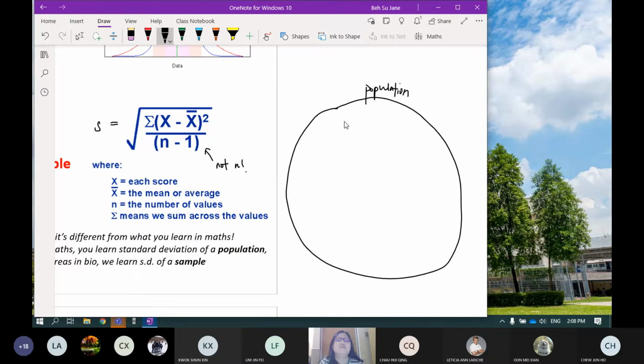Now, in bio, when we do experiments, we can't capture all the mice in the entire neighborhood. How would you know when you capture the last mouse, whether it's really the last mouse? You don't know, right? And it's a lot of work, and it's pretty impossible to capture an entire population.